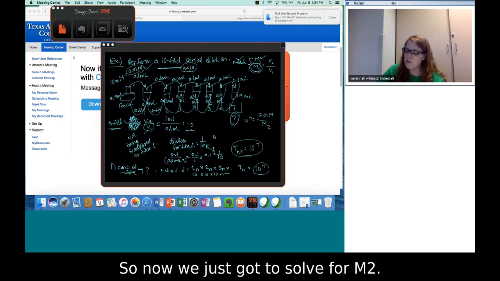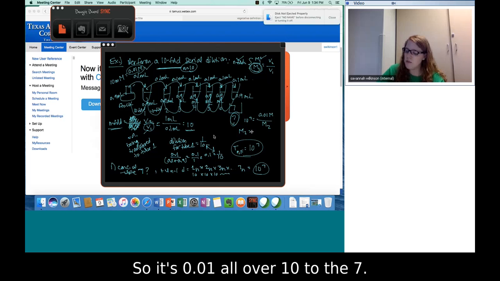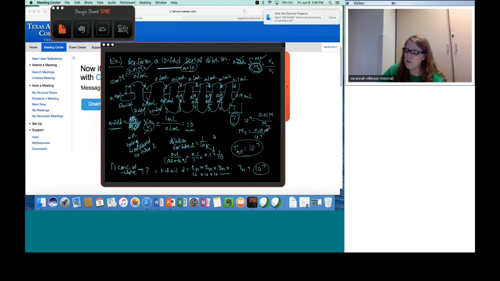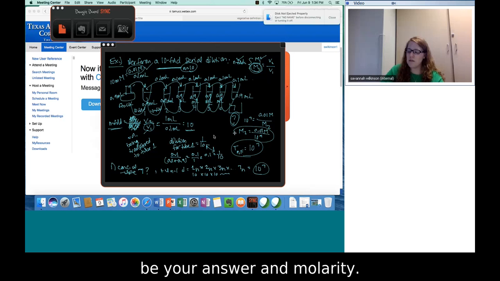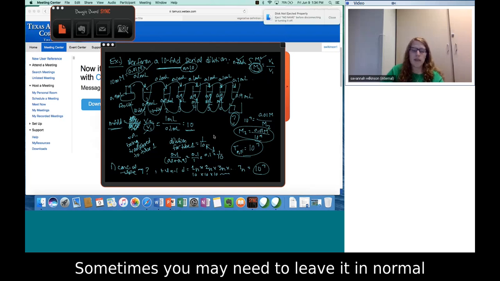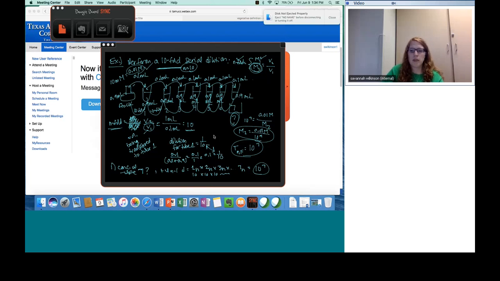So now we try to solve for M2. So it's 0.01 all over 10 to the 7. And so whatever that is, that will be your answer in molarity. Sometimes you may need to leave it in millimolar, or it just depends.